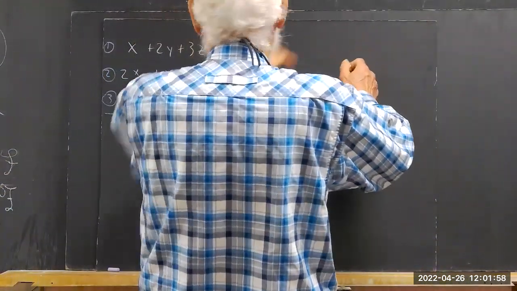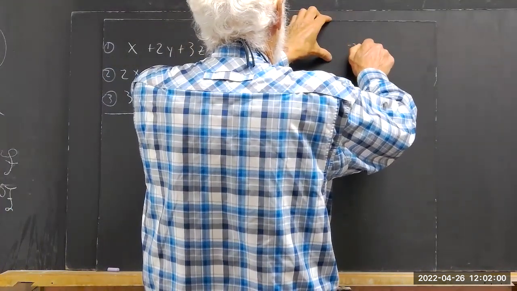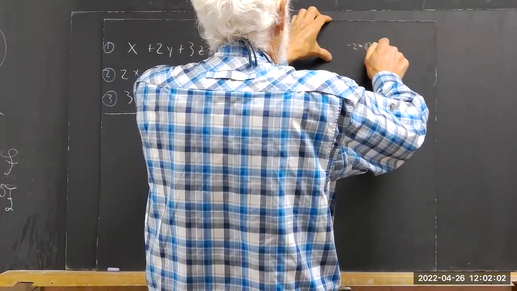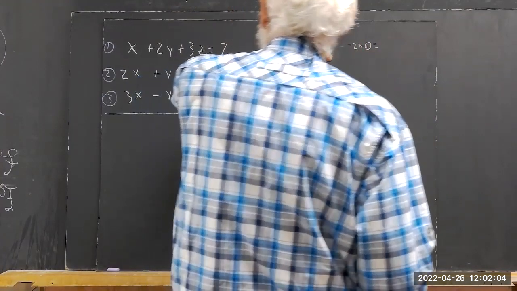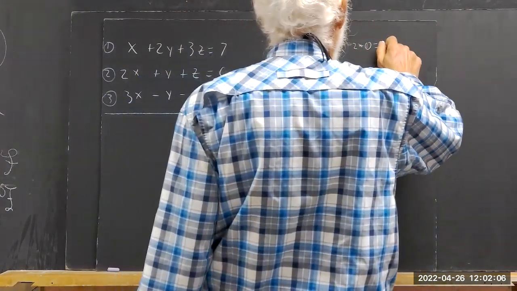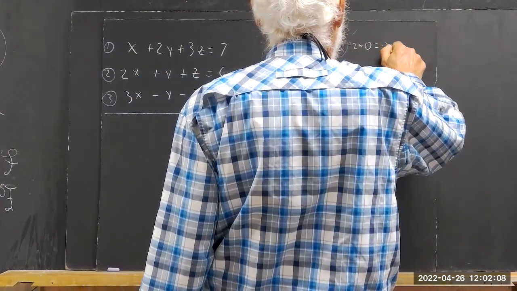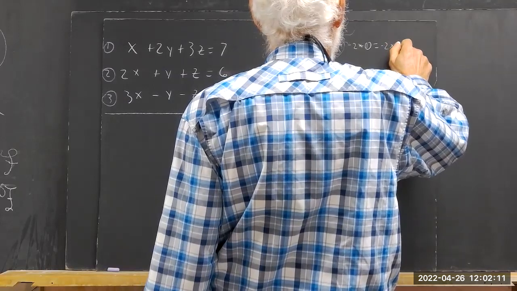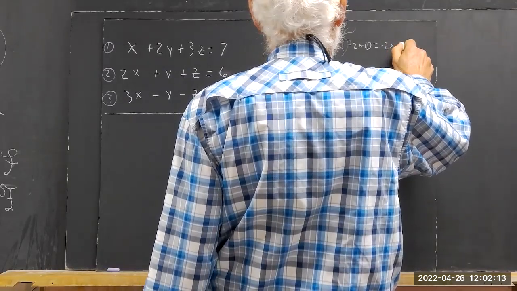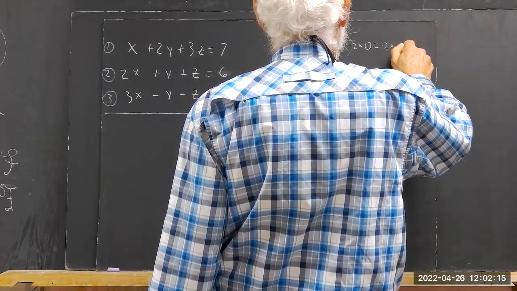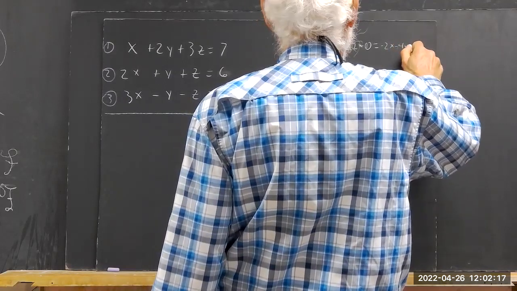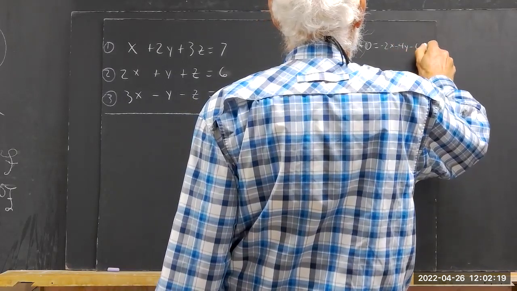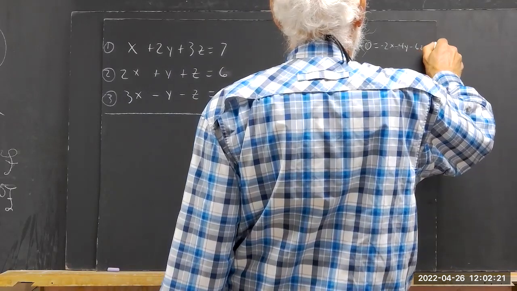Way over here, I'm going to say -2 times the first equation is -2x minus 4y minus 6z equals -14.